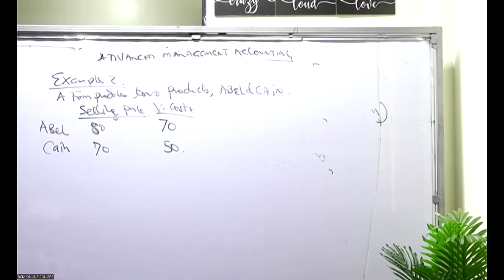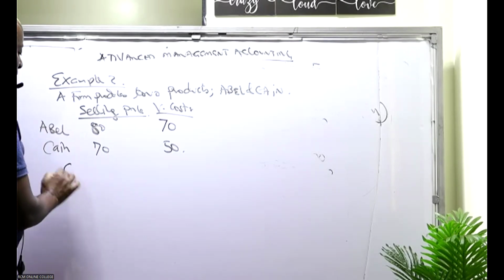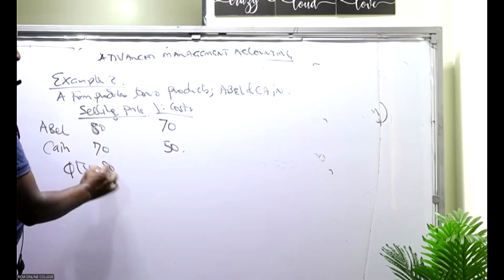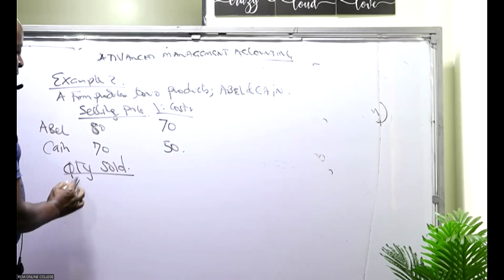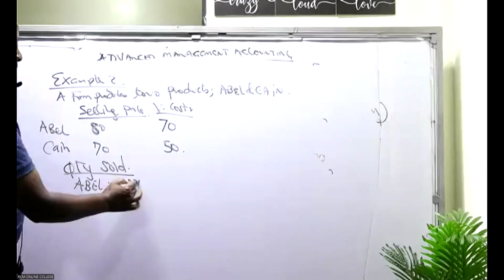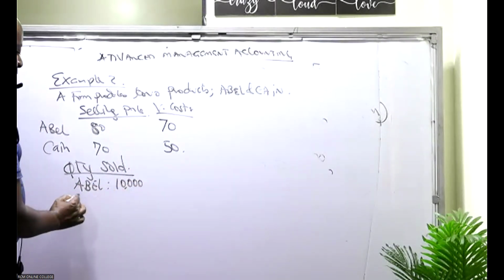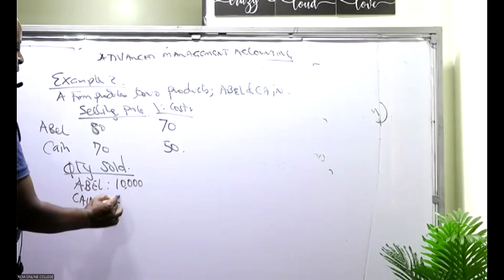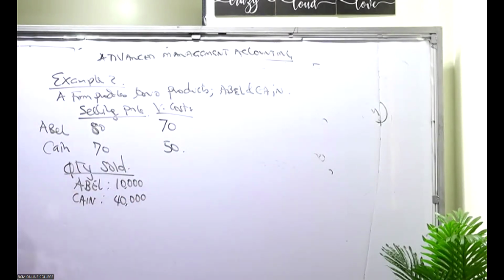And then in this case, we have quantity sold. So we have Abel, 10,000 units. Then we have Cain, 40,000 units. Quantity sold.